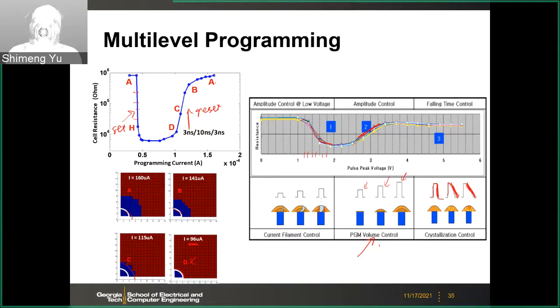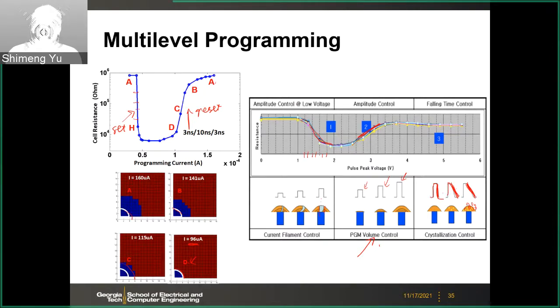Still, there are some islands that remain in the crystalline phase. Because as we said earlier, if you want to make it completely amorphous, you need to quench very quickly. But you can play with this ramp down rate of the pulse to design the quench rate.